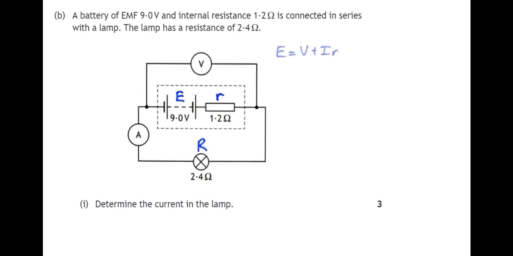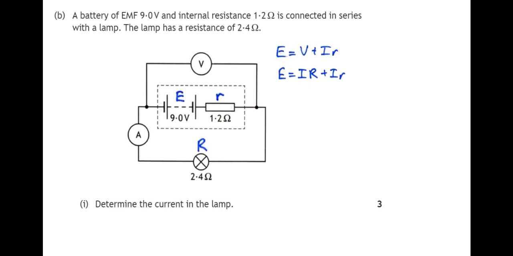Now, in our normal internal resistance formula, we have E equals V plus I little r. Here, we're trying to find out the current, but as we don't know V, we can't use that formula. But we can expand that formula a little bit to make it more useful. We need to remember that V, the terminal potential difference, is the current multiplied by the circuit resistance, I big R. So we replace the V by I big R, current multiplied by the load resistance.